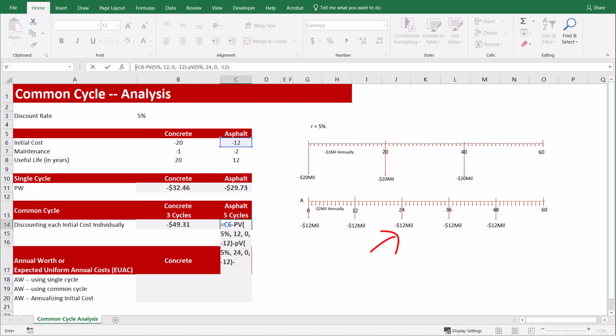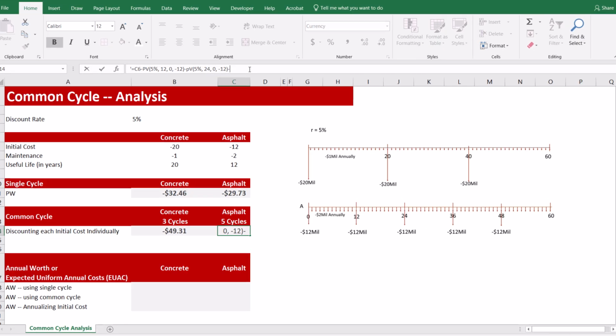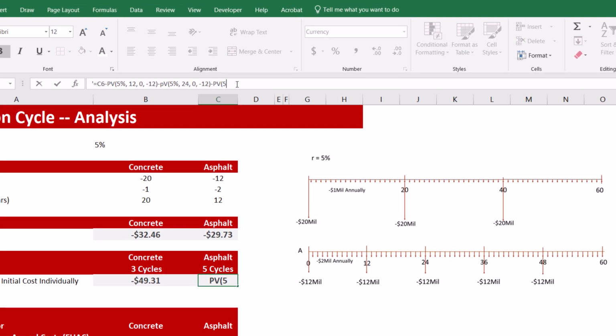Let me come back here, and hopefully this will address the issue here. Then this is the first one, the second is the second one, minus PV at 5%, and we're going to discount at 36 periods with 0 payments and minus 12 million.